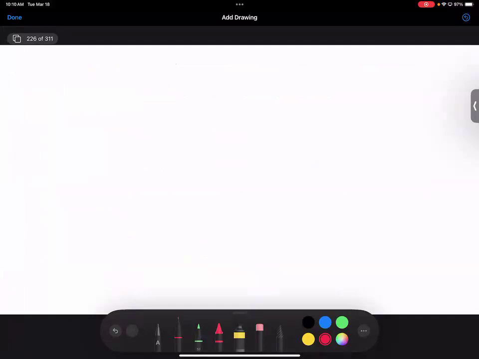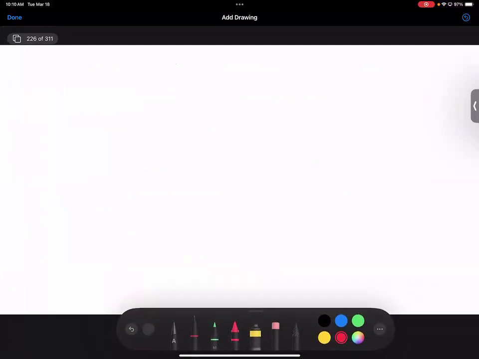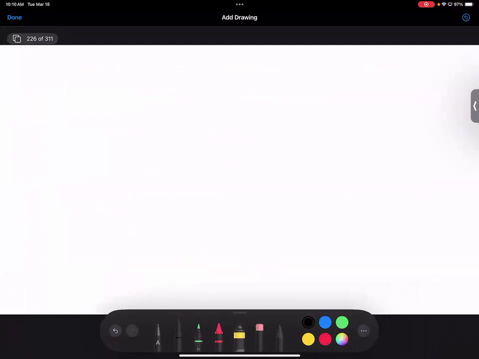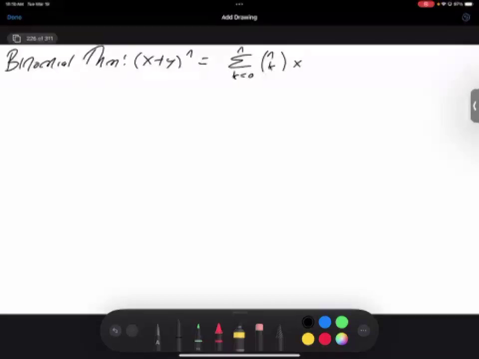Okay, so now we have a whole slew of things we can do. We need to start with identities. So let's look at the binomial. So the binomial theorem, x plus y to the n is the sum, k goes from 0 to n of n choose k, x to the k, y to the n minus k.